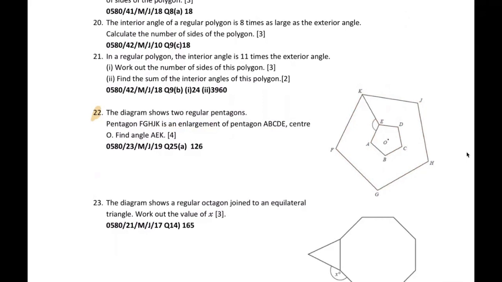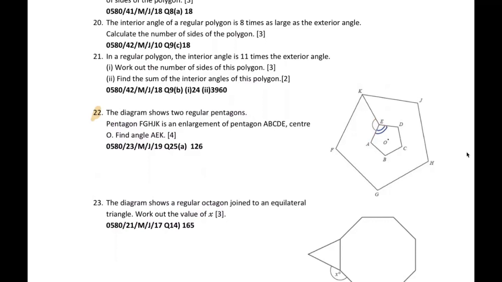Okay. So it's an enlargement. So it will have the same scale factor. And if it's an enlargement, then the shapes are similar and the corresponding angles are going to be the same. Let's find this angle first.